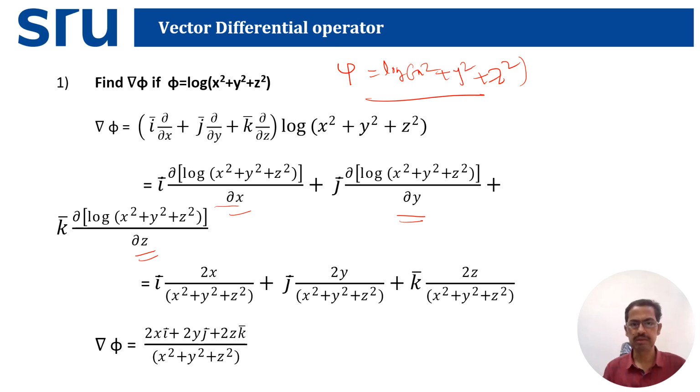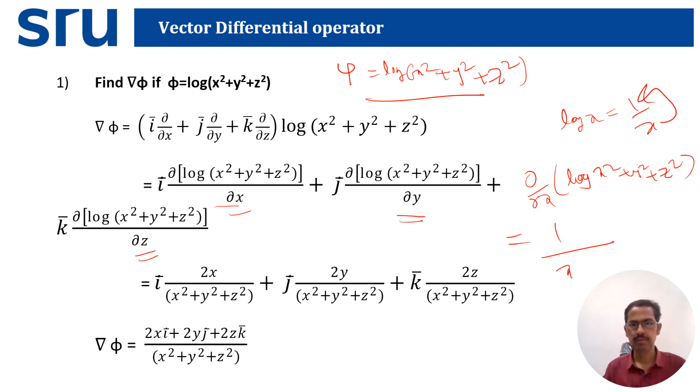You know the derivative of log x is 1 by x, right? And the derivative of x is 1, right? So similarly here, the partial derivative of log of (x square plus y square plus z square) with respect to x is 1 by (x square plus y square plus z square) times the derivative of x square plus y square plus z square with respect to x.